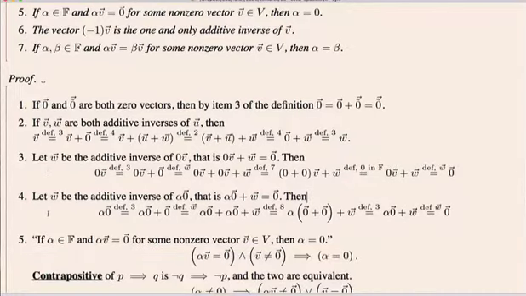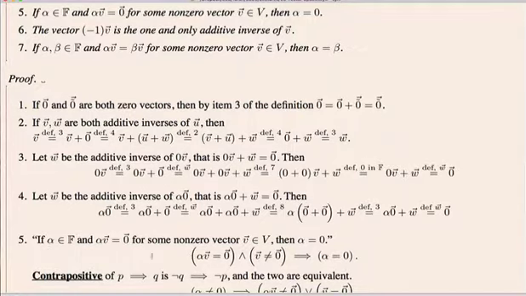Property 5. So this is now saying that if alpha is a scalar and alpha times v is the 0 vector for some non-zero vector v, then alpha must be equal to 0. So let's first of all write this as an if-then statement.